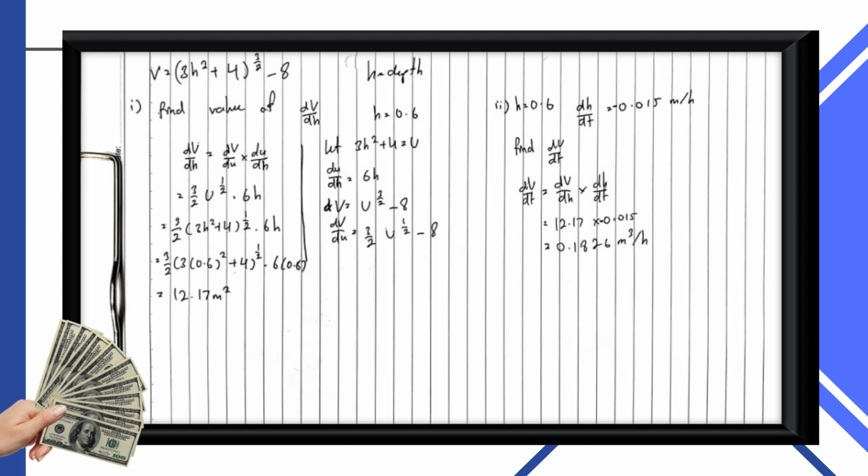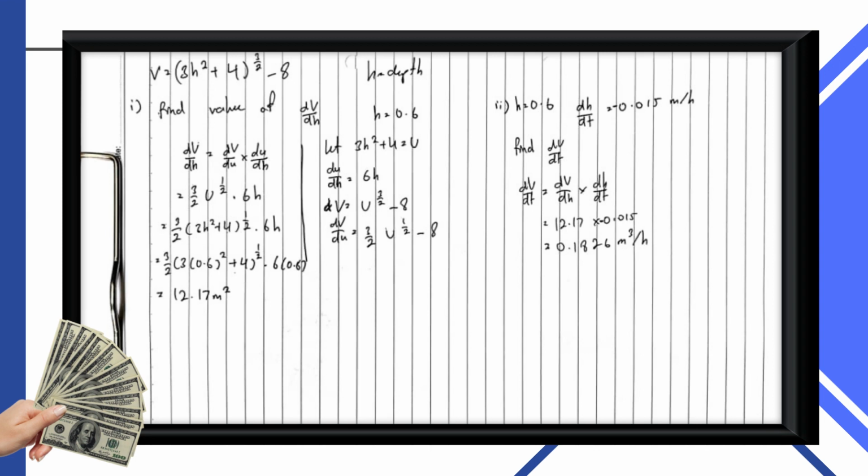For the second part of the question, it is given that the rate of decrease of the depth of liquid is 0.015 meter per hour. Since it is a decreasing rate, we must put a negative in front. Then we need to find dV over dt, which is the rate of decrease of volume per hour.